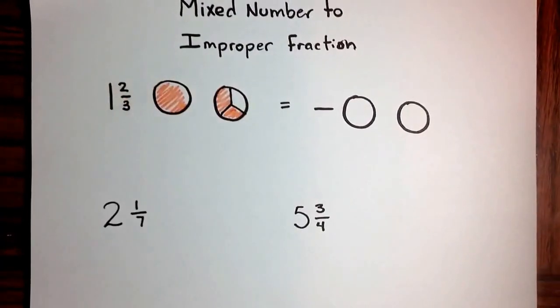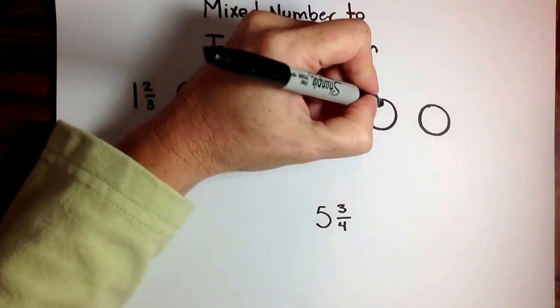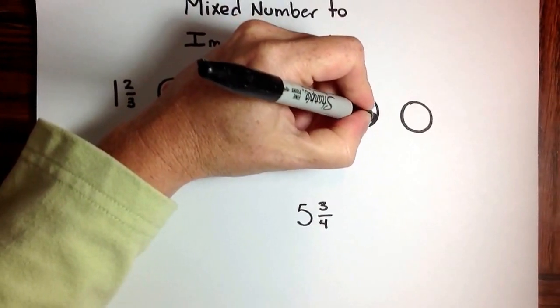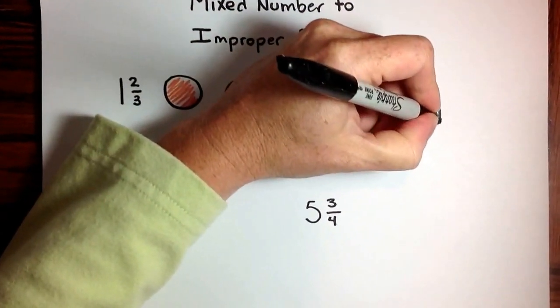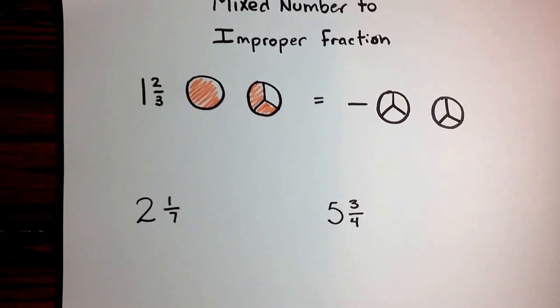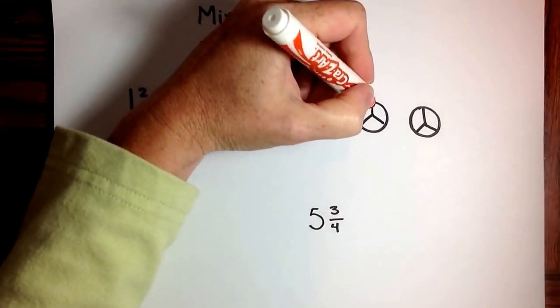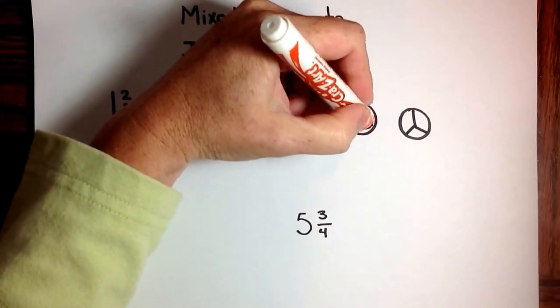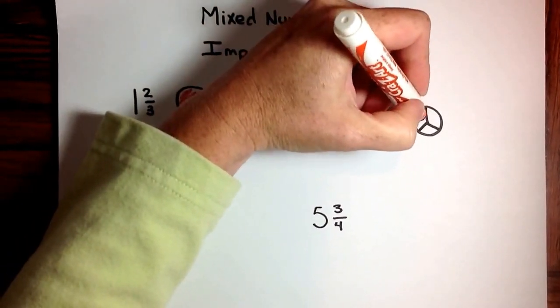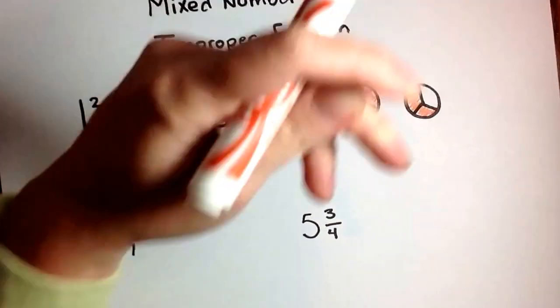We could also represent this same amount by cutting both of our circles into thirds, but still coloring the same amount. So all of the first circle and 2 out of the 3 pieces of the second circle.